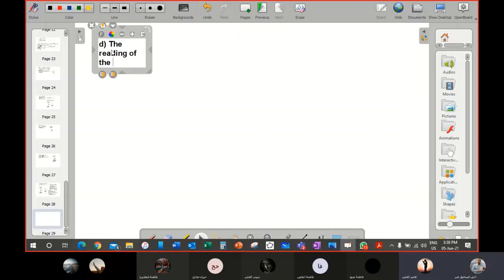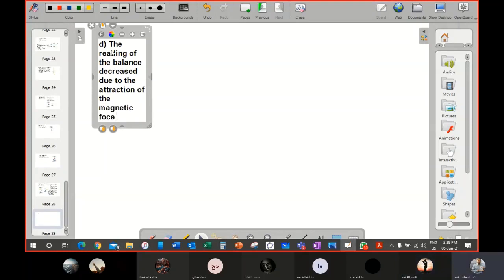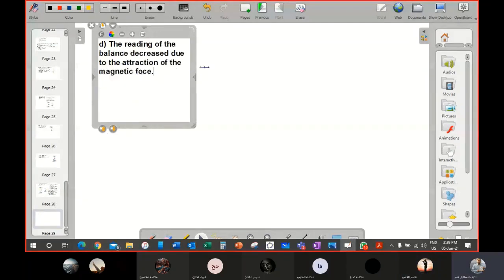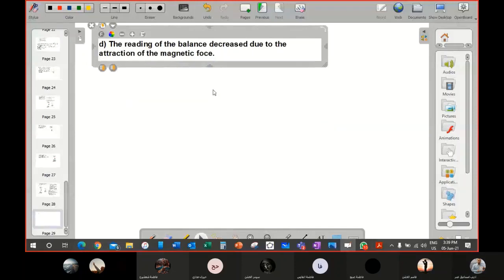Okay: the reading of the balance decreased due to the attraction of the magnetic force. Okay, that was exercise number 8.